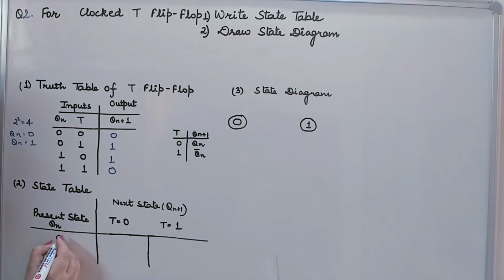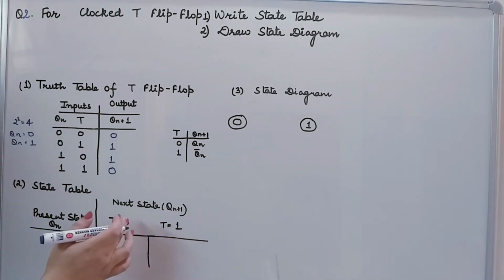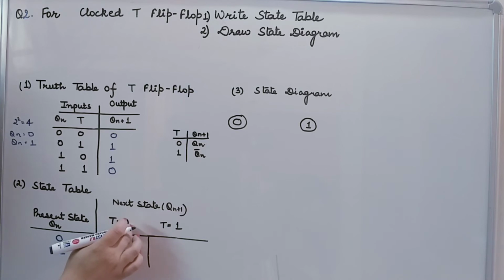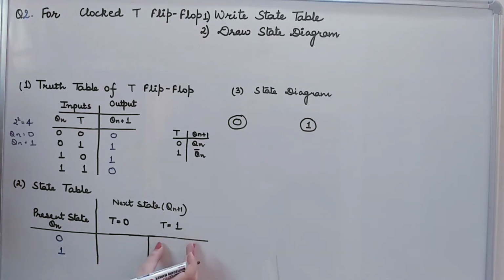So I will be writing 0 and 1 here. T also has a value either 0 or 1. So for T equal to 0 and for the present state mentioned, what is the value of the next state? I will be writing down in one column. And for T equal to 1, what is the next state? I will be writing down in the second column.